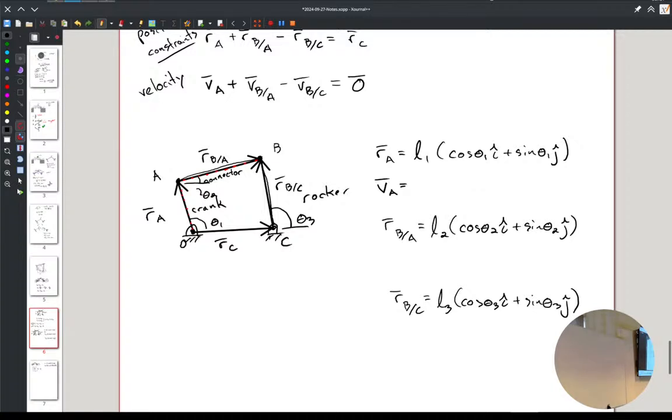The direction that can go up and down. Yeah, derivative of cosine is negative sine.